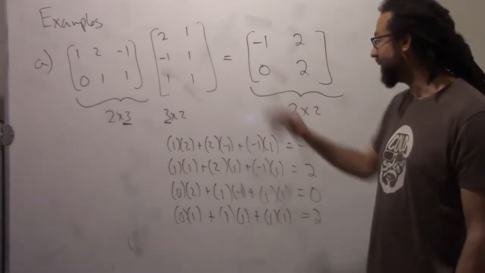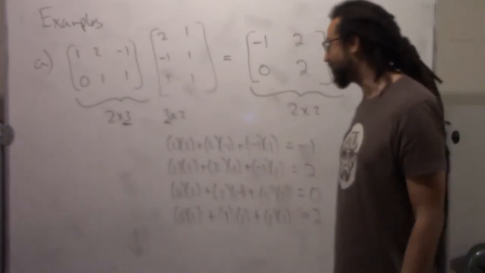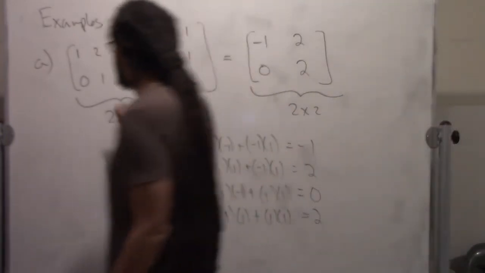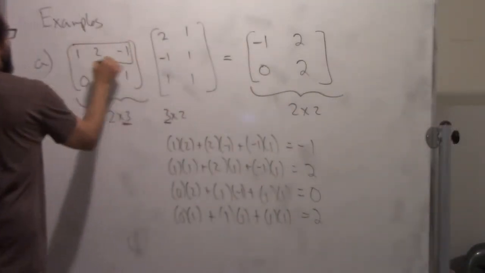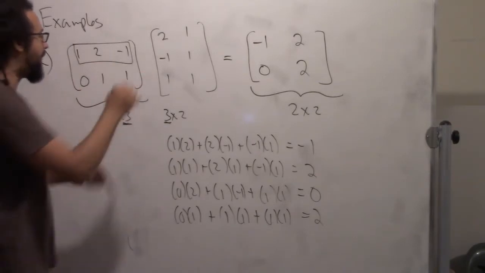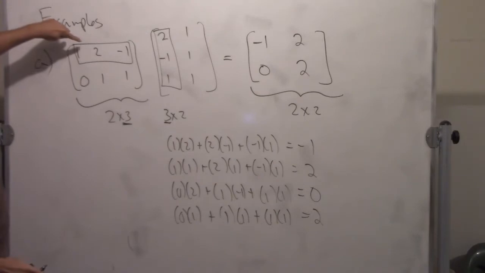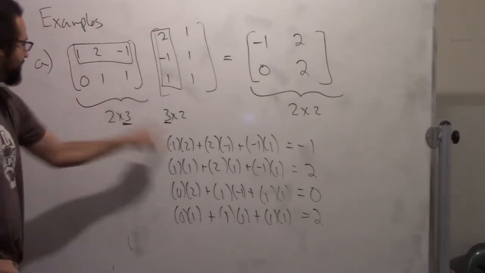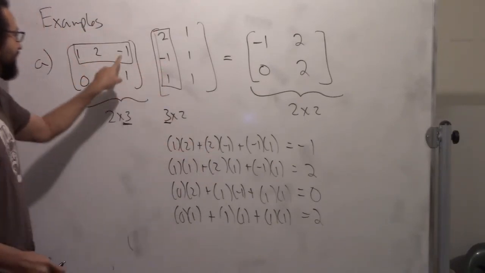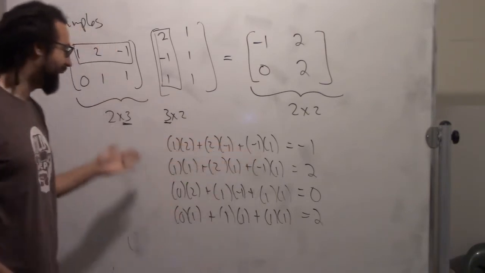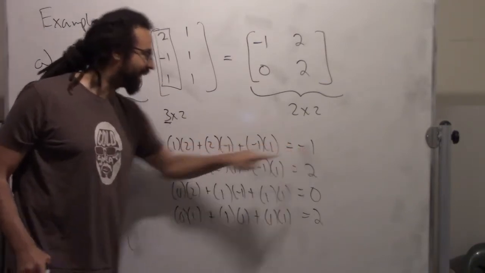So that's fine. How are we going to multiply these two things together? I'm going to take row 1 and column 1 and match up the corresponding entries: 1 times 2, 2 times -1, -1 times 1. Add them up, I get -1.